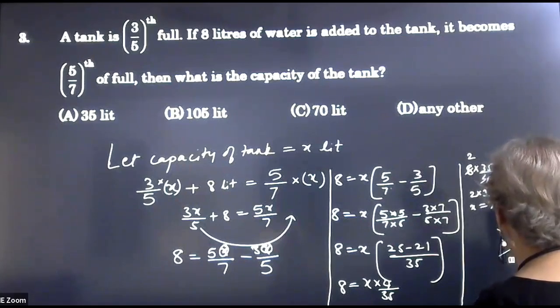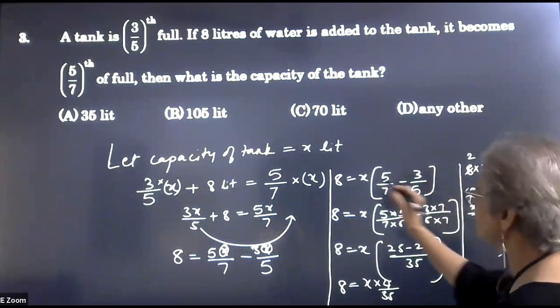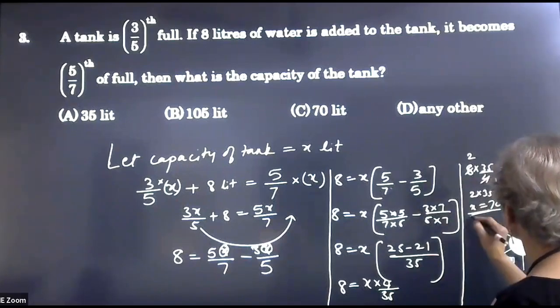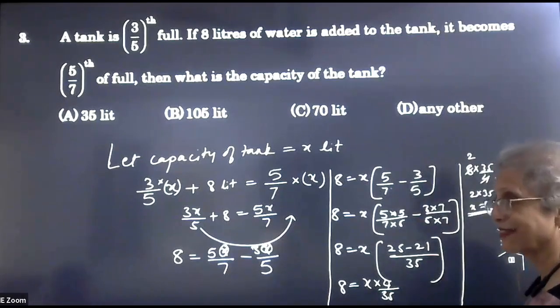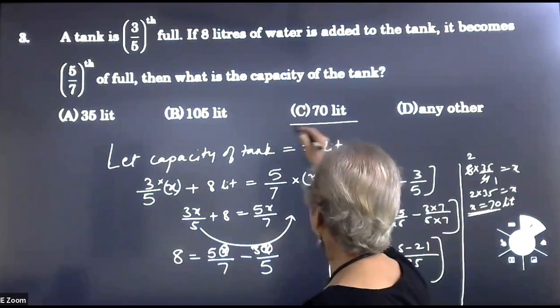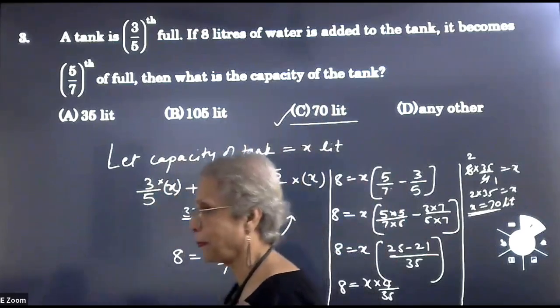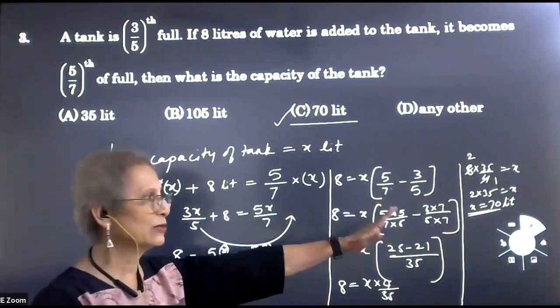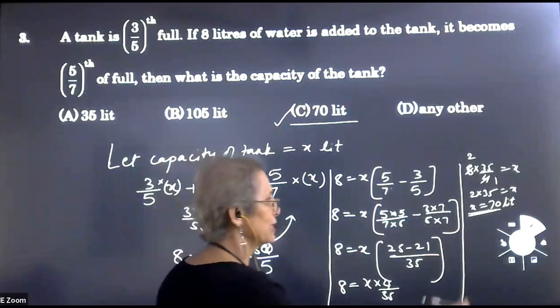So x is 70. And what is this x? Liters. So 70 liters. So what's the answer? 70 liters. Option C. Okay, so now let us move to the next question.